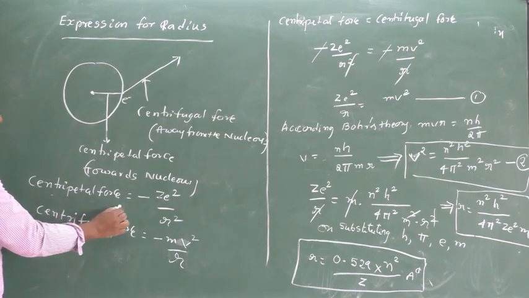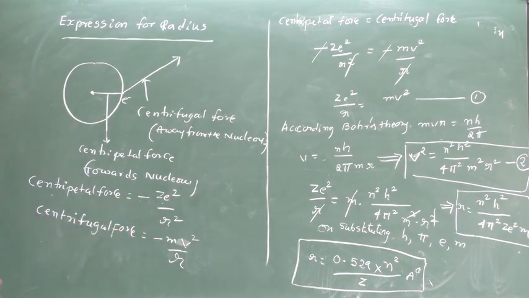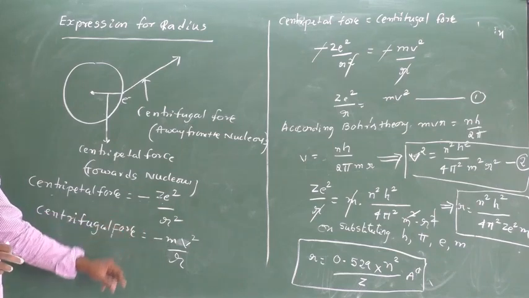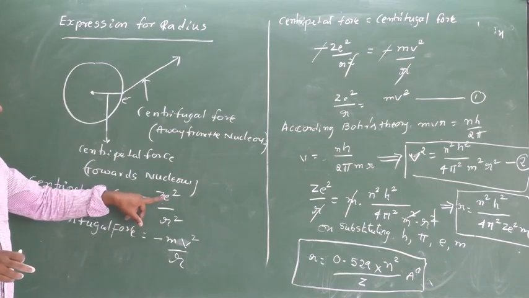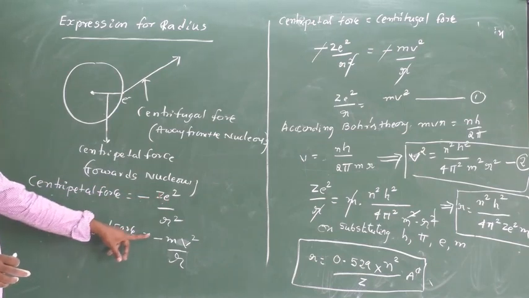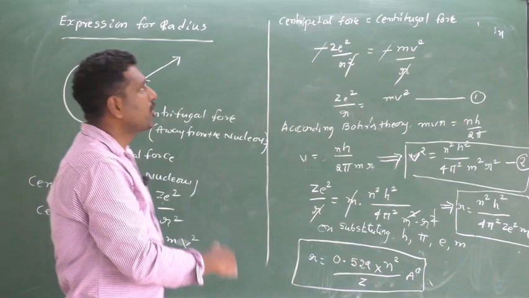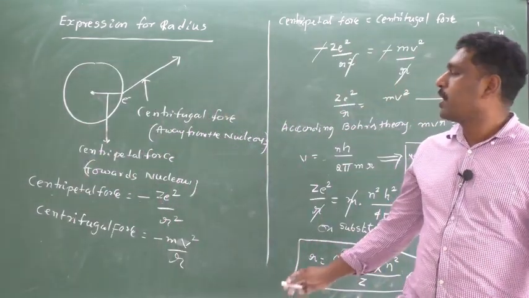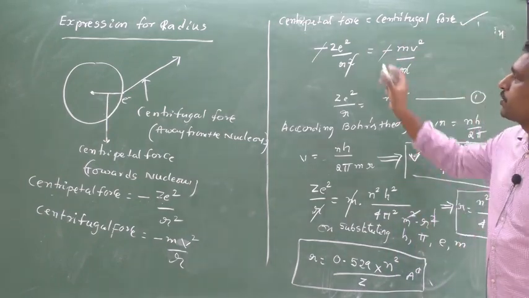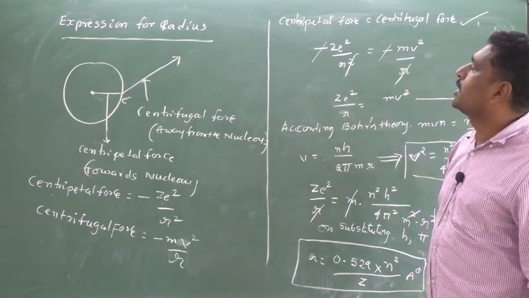What is centripetal force? Minus Ze square by R square is called centripetal force, numerically equal to Ze square by R square. R is the radius, and Z is the atomic number. Centrifugal force is equal to minus mv square by R. According to Bohr's theory, centripetal force equals centrifugal force.